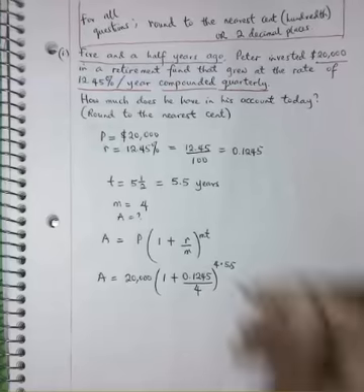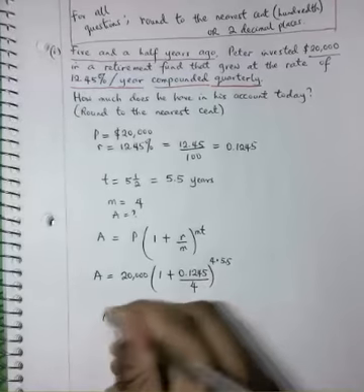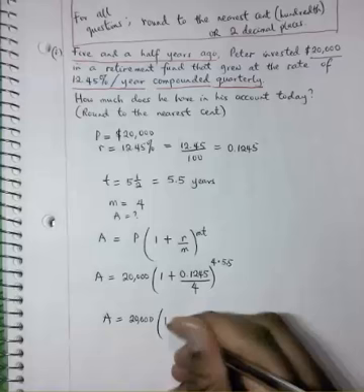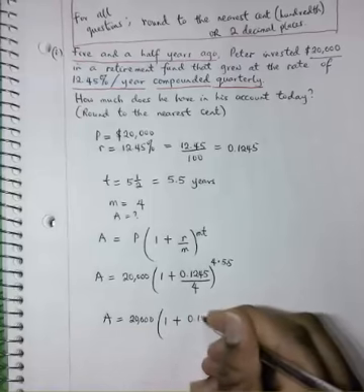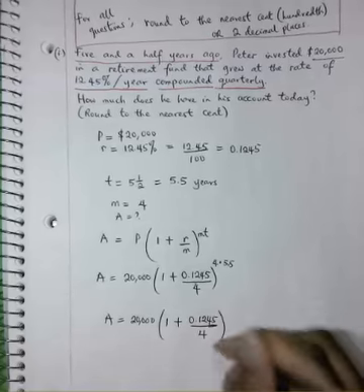Okay, so let me deal with the exponent part first. 1 plus 0.1245 over 4, 4 times 5.5.